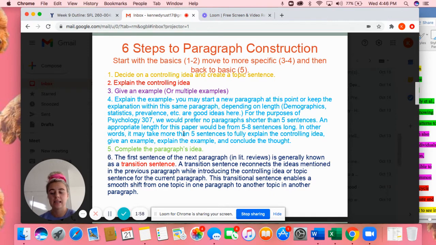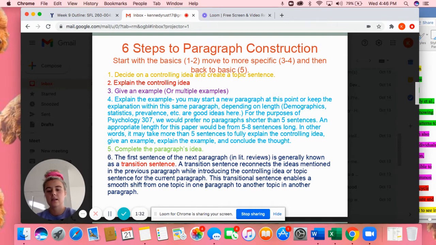So the goal of your topic sentence should be to give the topic for the current paragraph and tie it into the past one. So how do they relate? And then again, at the end of that paragraph, you're tying it back to the main claim, the main thesis of your paper. Every single paragraph should be tied to the next, and every single paragraph should be tied back up to the thesis.